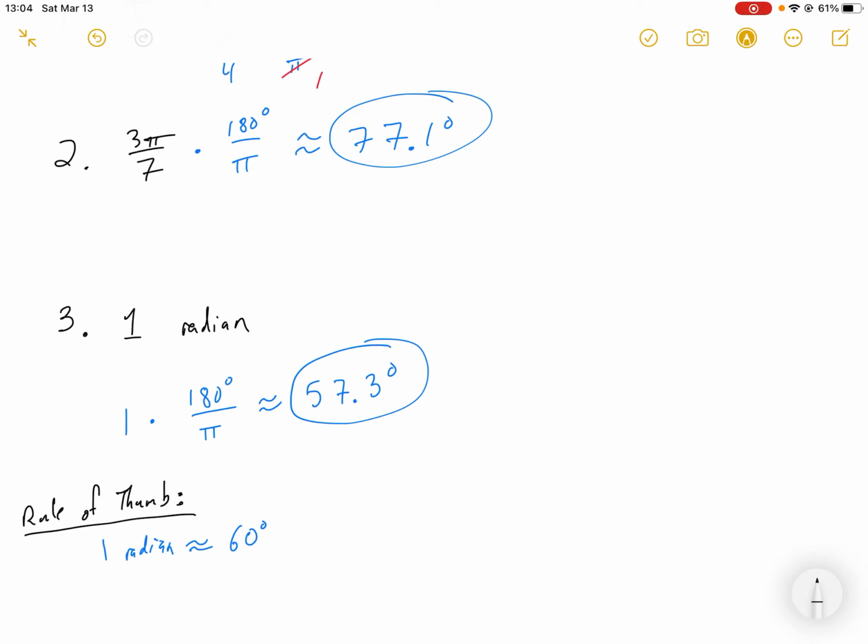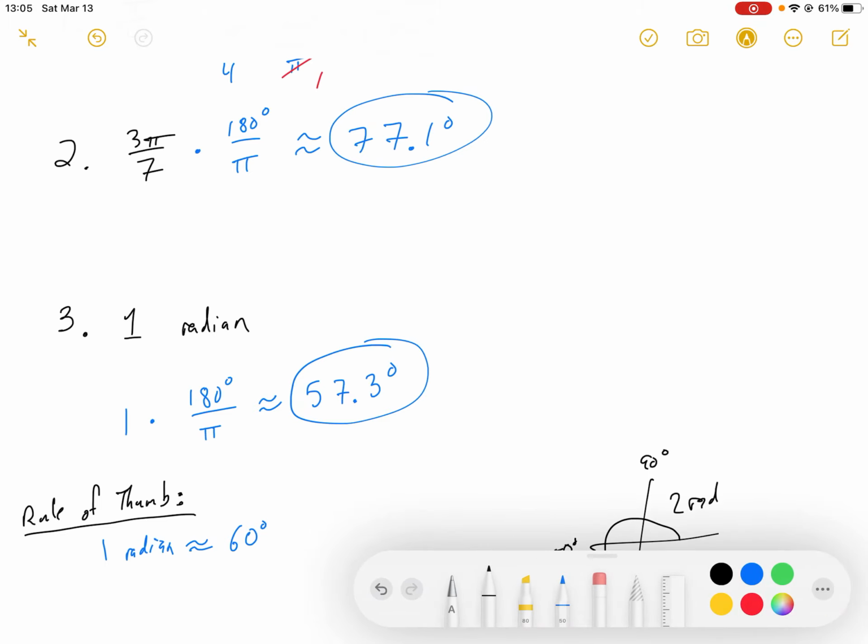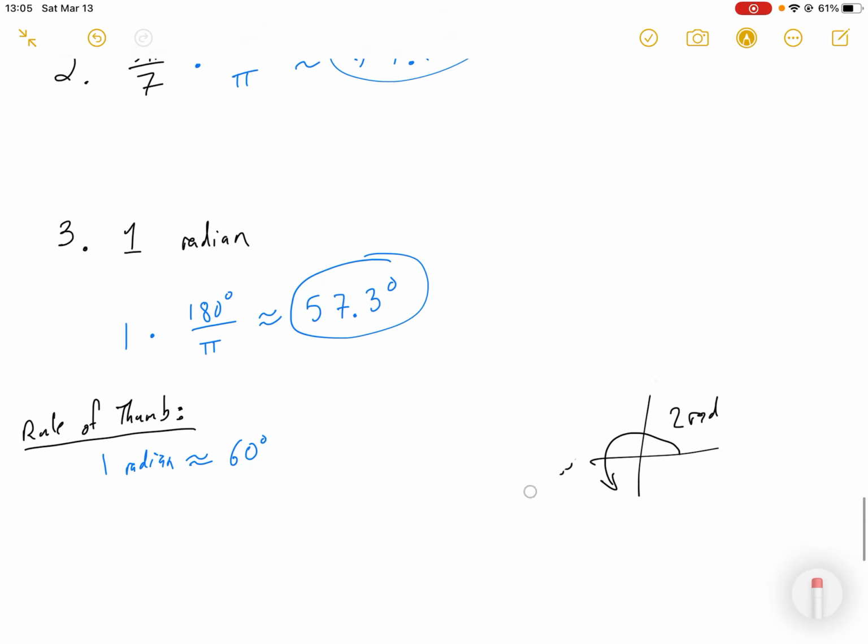But just to give you a good way to estimate, whenever you have 1 radian, that's about 60 degrees. So if you're ever doing a problem and you end up with something like 2 radians, let's say you have a 2 radian angle, you say, well, wait a second, 2 radians is actually 120 degrees, which is between 90 and 180, so I'm in the wrong quadrant. So that's just a good way to estimate what a radian is.